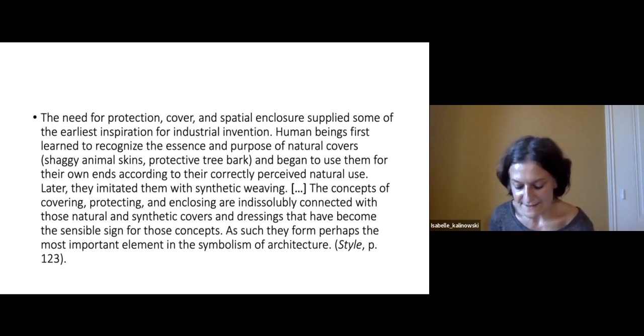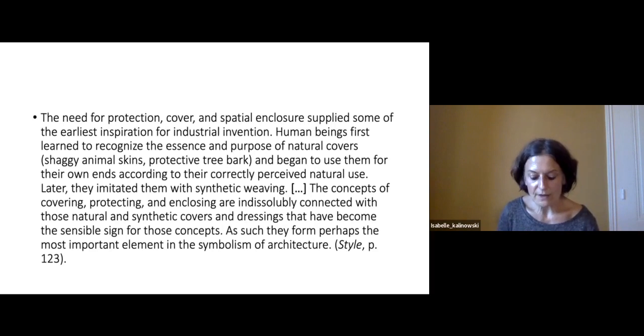When Semper insists on the fact that embroidery is older than tapestry weaving, he suggests again that the principle of dressing, the superposition of a material over another material, is at work even in textile itself and originates in textile itself.